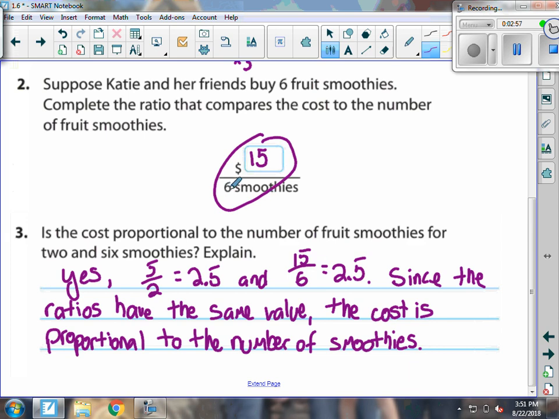Because it doesn't matter how many smoothies we buy, the cost is always going to be proportional to the amount of smoothies.